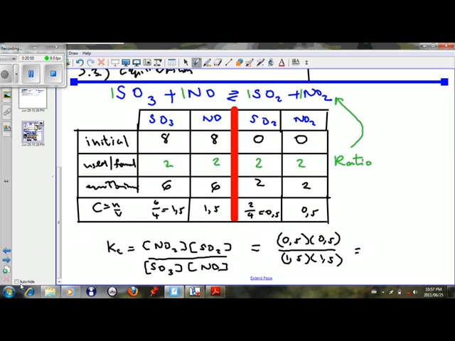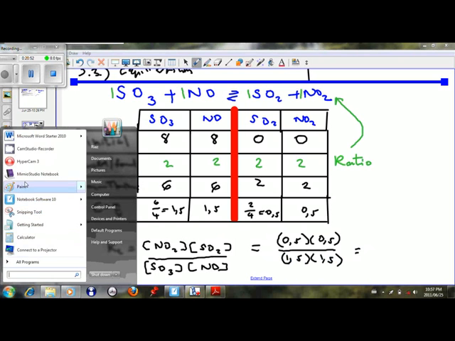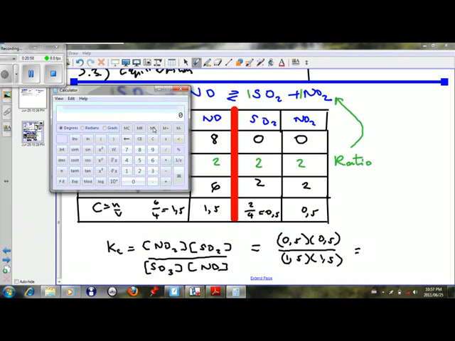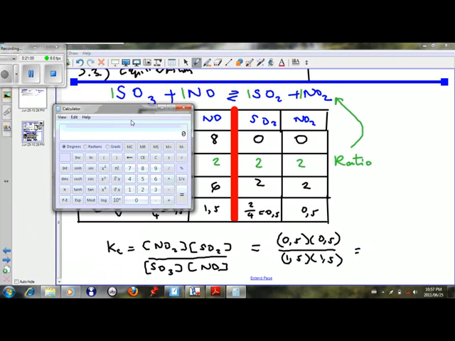And if you take our calculator and we work it out, I'm fortunate that we have a calculator available. Let me just work this out.